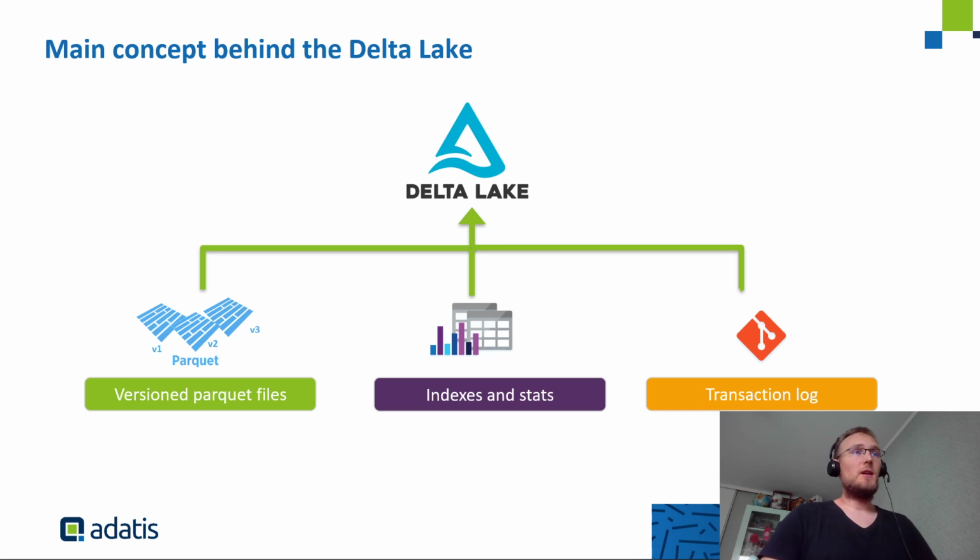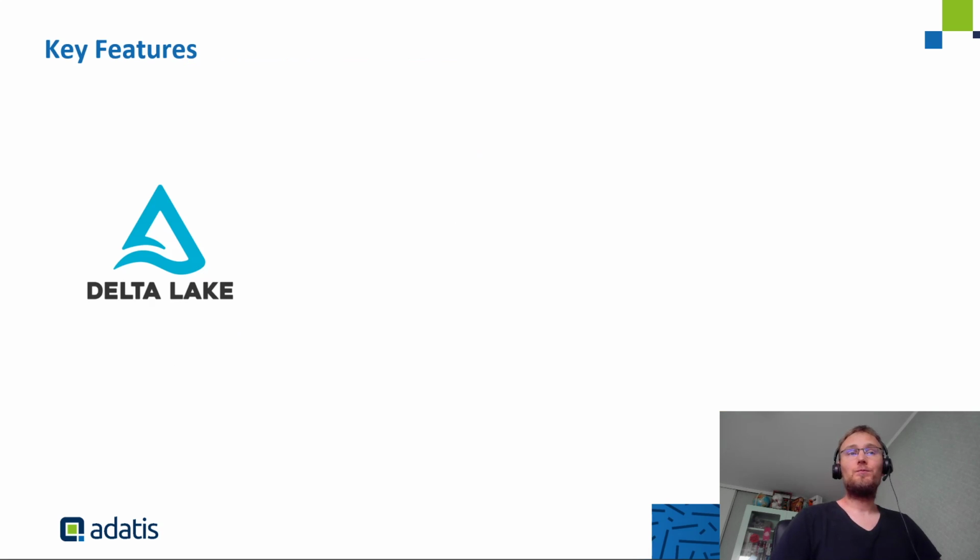And it should give us how the data looked, for example, 3 weeks ago. And what is cool about the transaction log is that it is just a JSON file, so we can easily open it and see all the changes.